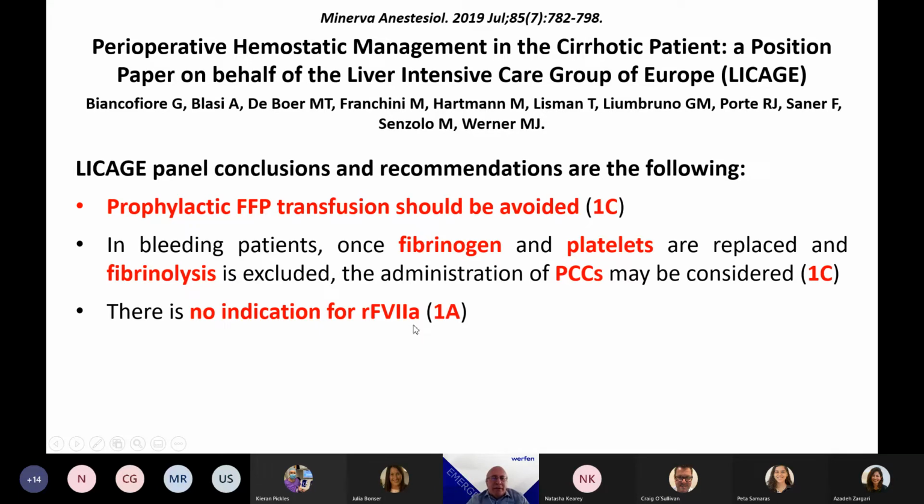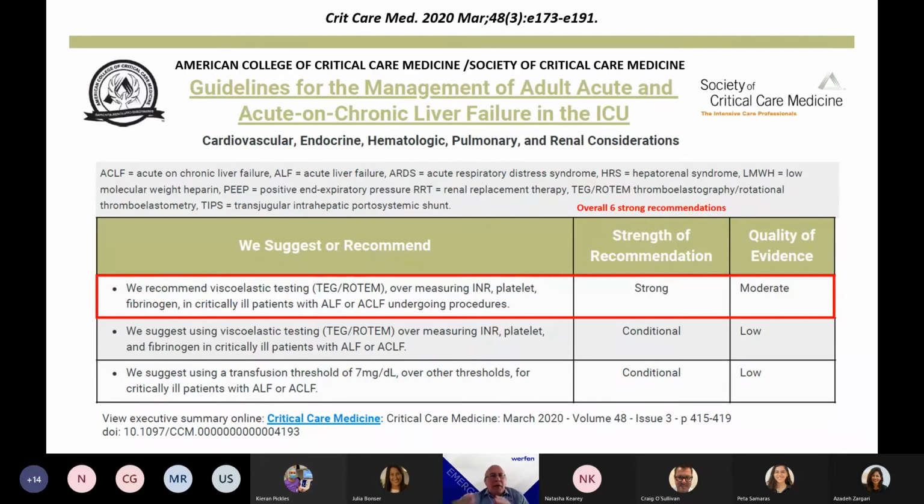Recombinant factor VIIa should not be used, because several randomized studies showed no reduction in bleeding but a nearly tenfold increase in thromboembolic complications. And I think that's one of the last ones, the American College of Critical Care Medicine, and you can see all the guidelines are going in the same direction.